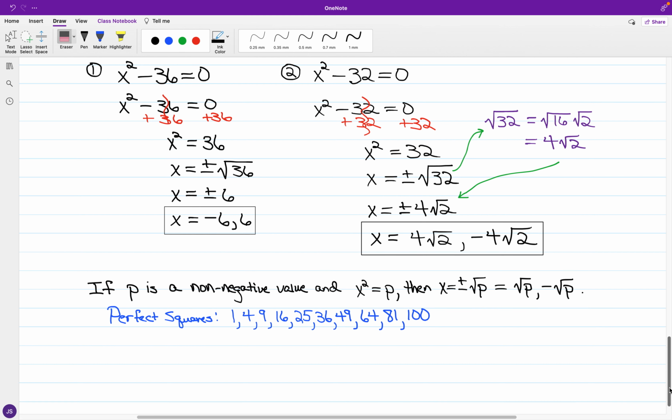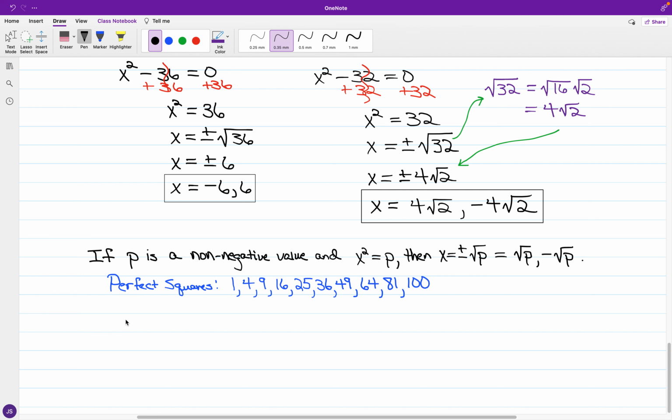Now let's say I have a multi-term expression, and we'll say we have x minus 5 squared, and we'll say minus 60 is equal to 0.